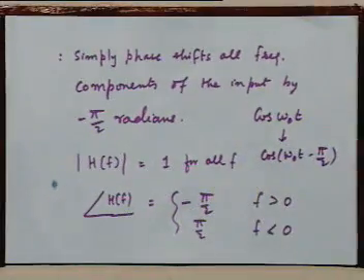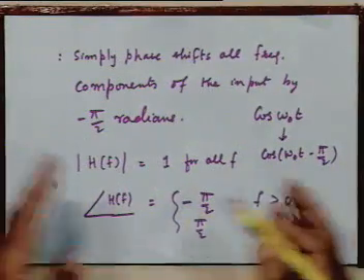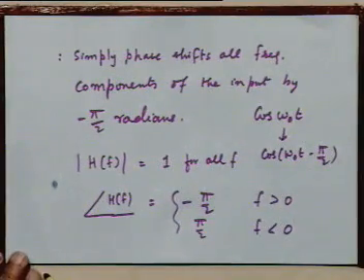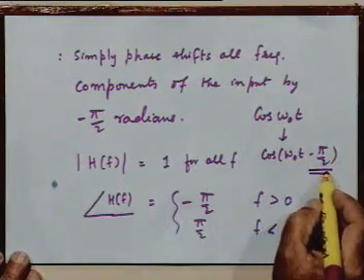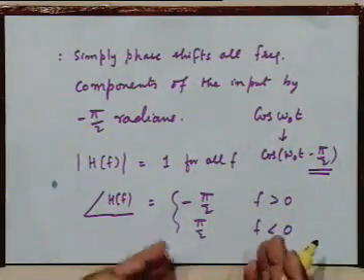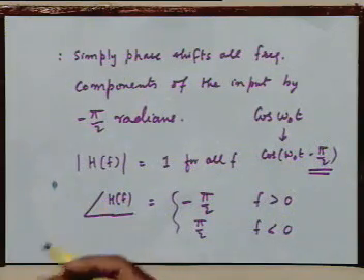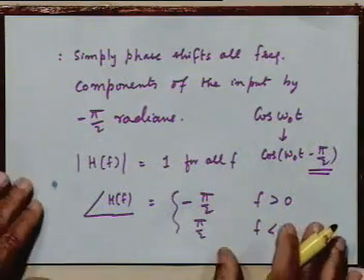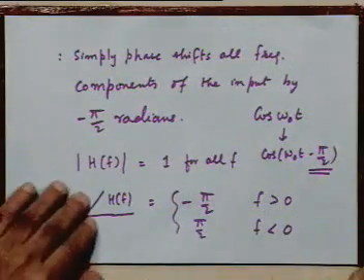In the positive frequencies, this will be e to the power minus j pi by 2, while on the negative side it will become e to the power plus j pi by 2. So the real phase shift is minus pi by 2, but that is only a mathematical effect of the imagined negative frequency components that are always present in a real valued signal. So that is purely a mathematical property.